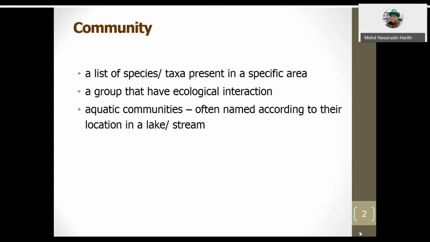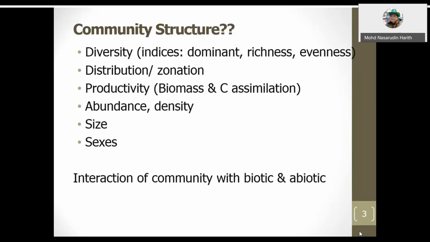What is community? Community is a list of species or taxa present in a specific area. Community is a group that has ecological interaction. What is community structure? There are some categories that can be included in the community structure, which are diversity, which consists of indices or index, the dominant species, for example, the species richness or evenness, the distribution or the zonation, the productivity that can be biomass or carbon assimilation, the abundance or maybe the density of some species, the size or the sexes.